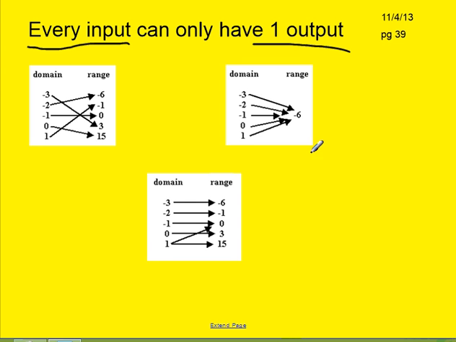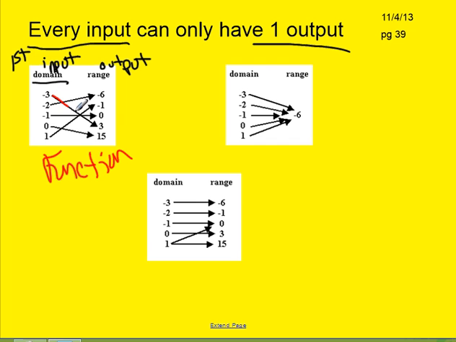So let's look at these different diagrams that I have here. This first one has the domain listed, the x value, the input, listed as -3, -2, -1, 0, and 1. It then has my range listed, and we have these arrows that show what happens when we put a -3, a -2, a -1, 0, or 1 into my function.